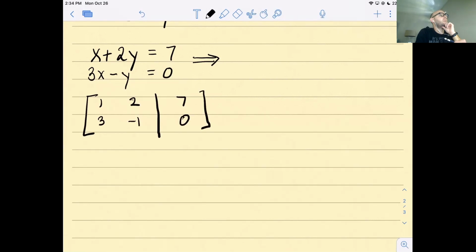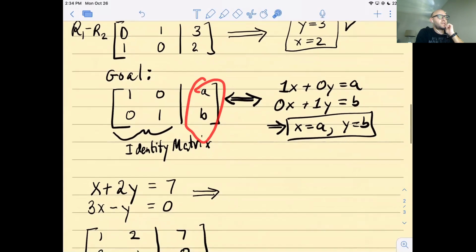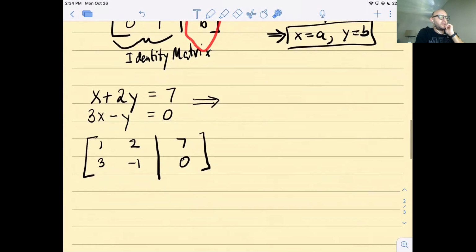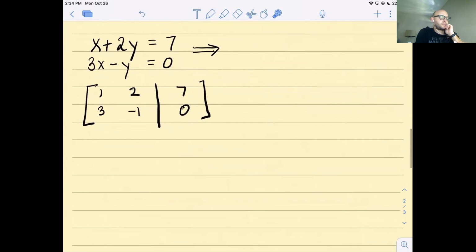Okay, so remember our goal. Our goal is to turn our system into an identity matrix, and then after the bar, our targets will have turned into our answers for x and y. In order to reach that goal, we use something called the pivot.